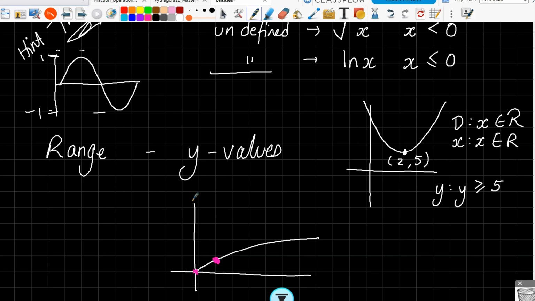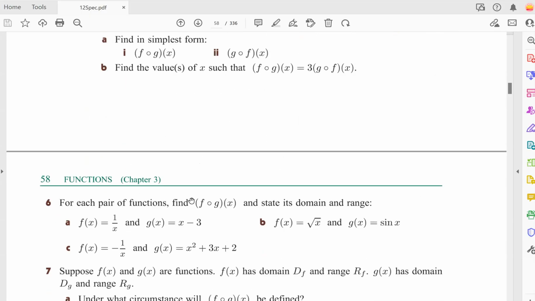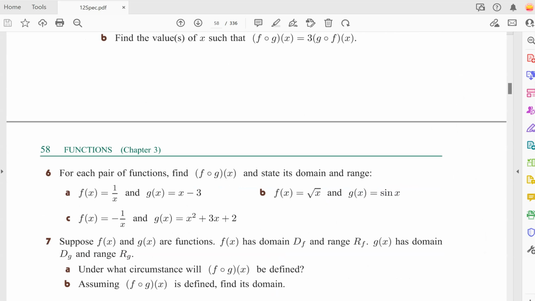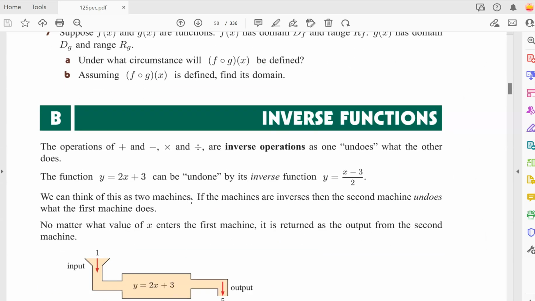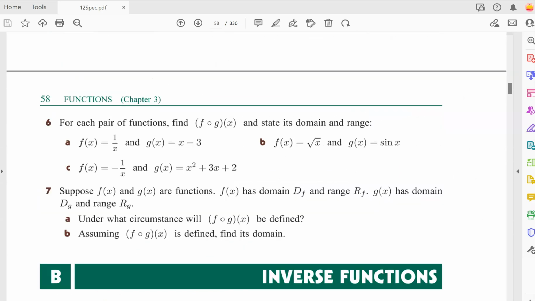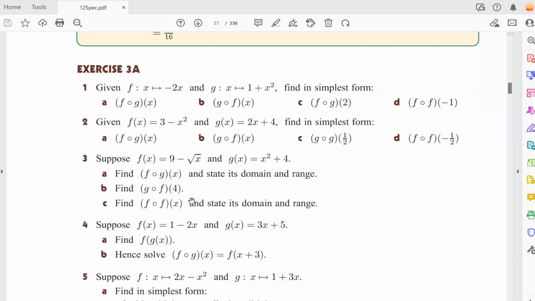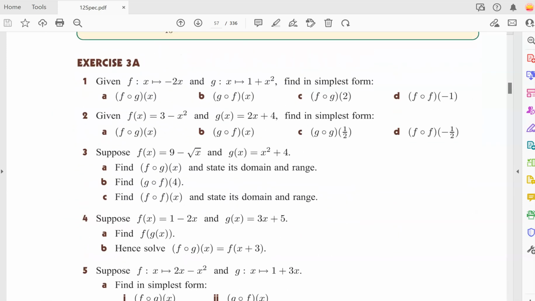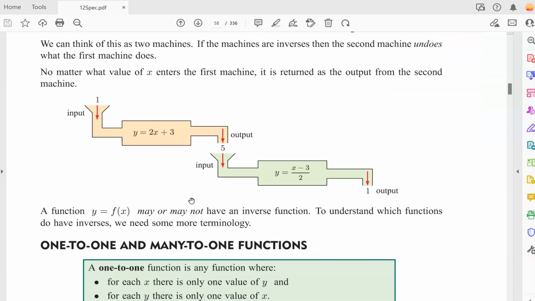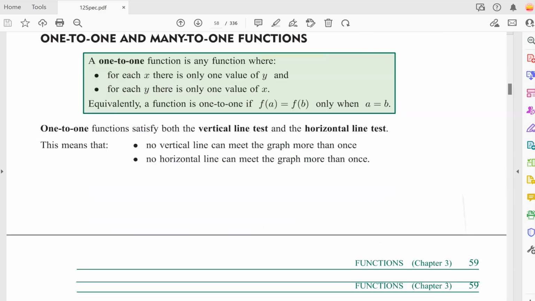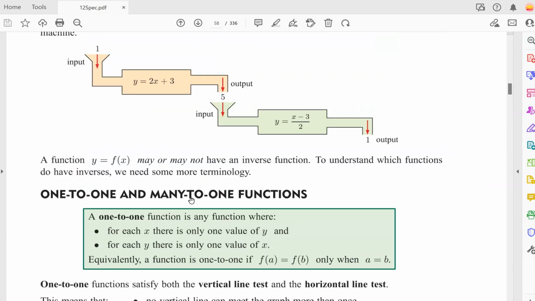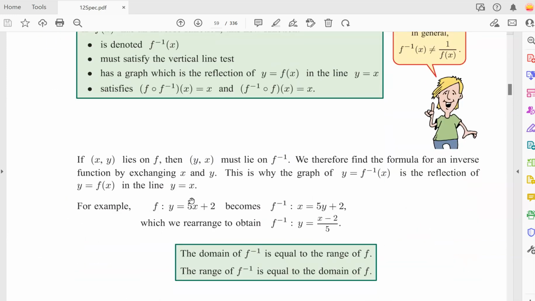Can we go to 2a and truck it? 2a? What did I say? 3a? 3a. That's not very much, is it? And the inverse, you can have a go at that too. Read and note the green.